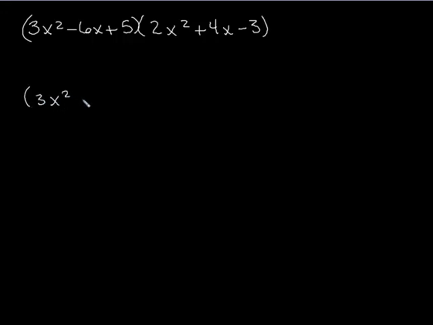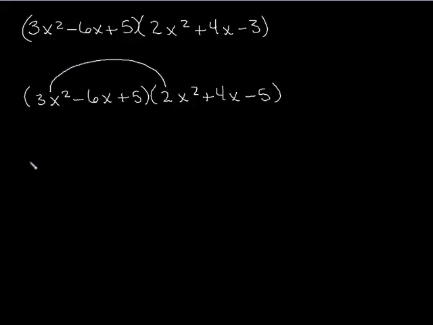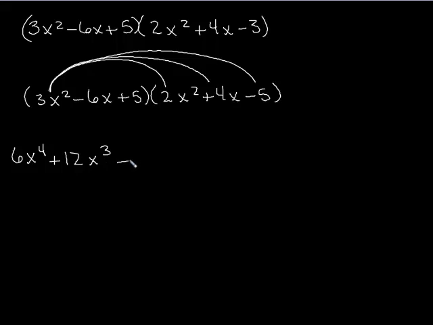Using the modified FOIL, again, you got to be really careful with this so that you don't lose track and not perform a multiplication. I'm going to do 3x squared times 2x squared, which is going to give me 6x to the 4th. 3x squared times 4x, which is going to give me 12x to the 3rd. 3x squared times 5 is negative 15x squared.